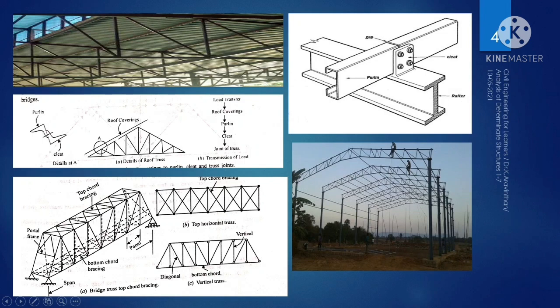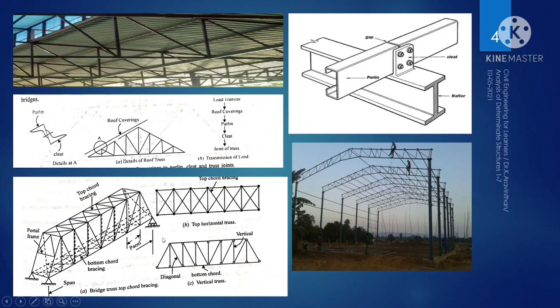This horizontal member is known as the top chord, and bracing is used to carry the lateral force. The lateral force may be from the top or the lateral side, so top chord bracing is provided and bottom chord bracing is provided.